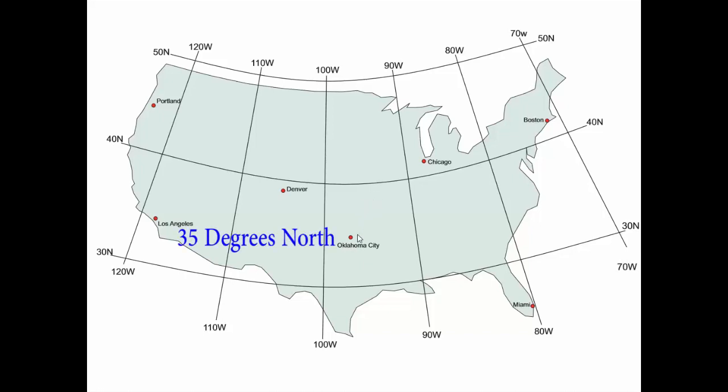Next, we have to make a logical guess of what line of longitude Oklahoma City falls on. We have 90 degrees to the east and 100 degrees to the west. But it's not halfway between the two, so you can't just say 95. It's really closer to 100 than it is 90.